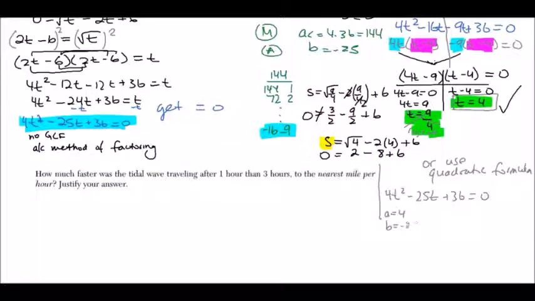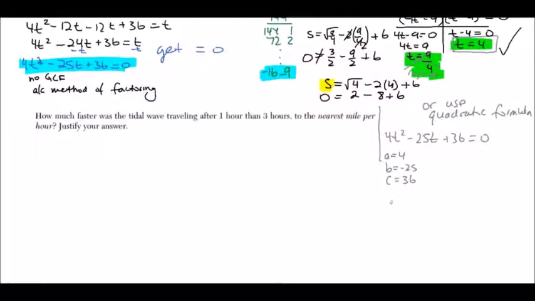Your b is negative 25. Your c is 36. And we can just put all of this into the quadratic formula. X equals negative b, which would be positive 25, plus or minus the square root of b squared, negative 25 all squared, minus 4 times a times c, all over 2 times 4.